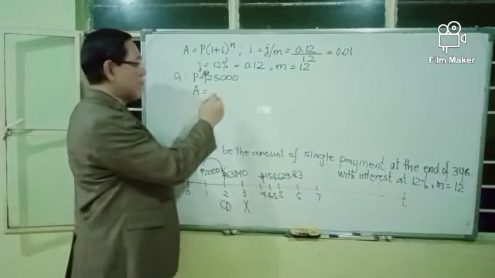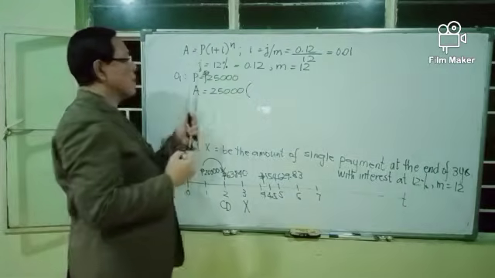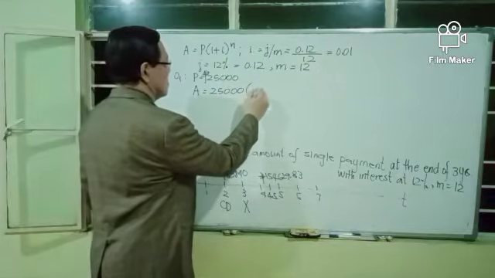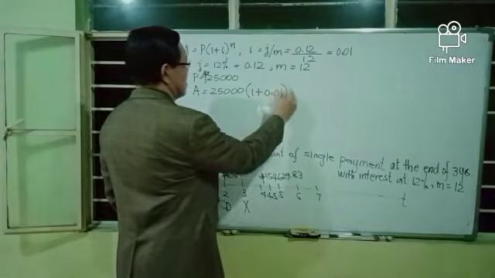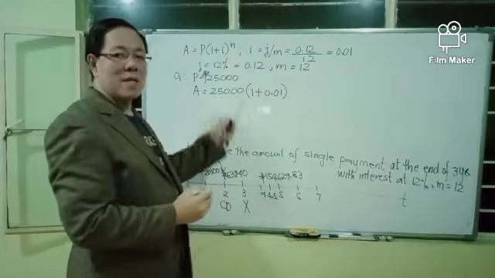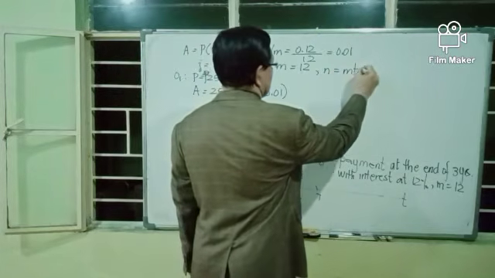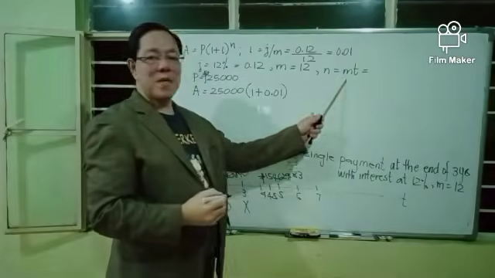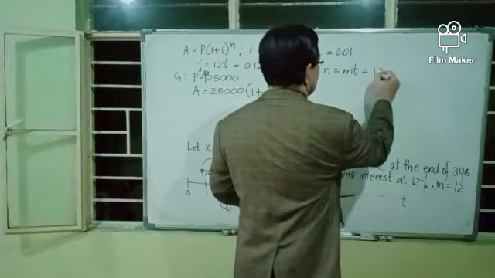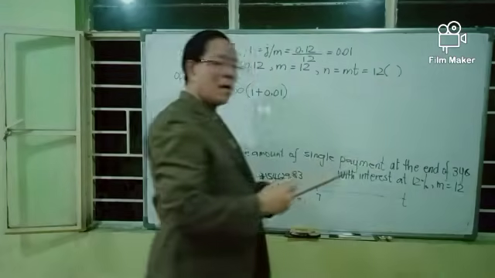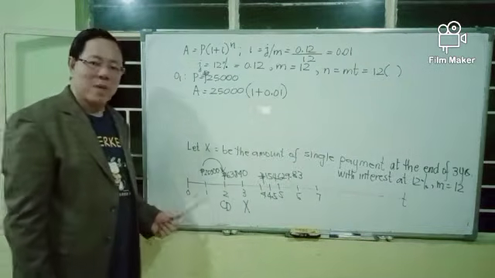P is 25,000 pesos, multiplied by 1 plus I, which is 0.01, to the power N. N is equal to M multiplied by T, where M is 12, interest is computed 12 times a year, and T is the number of years that we want to accumulate 25,000 pesos.